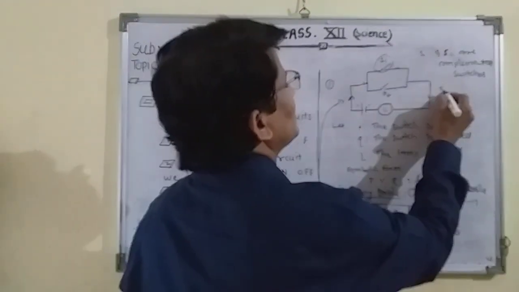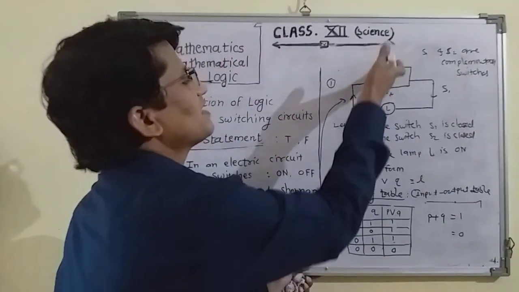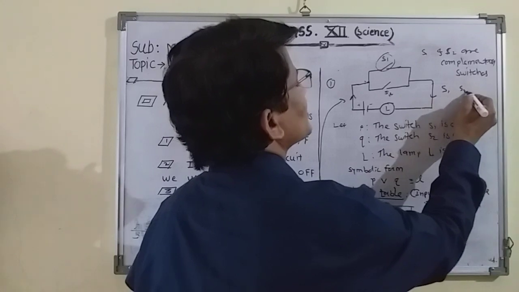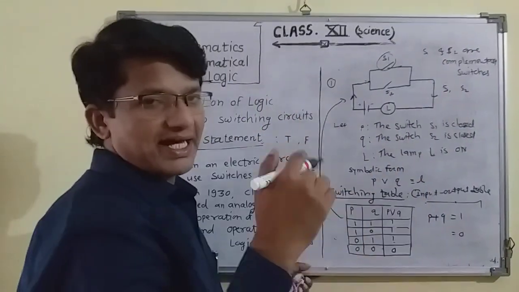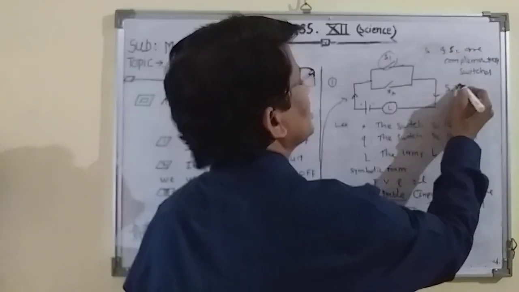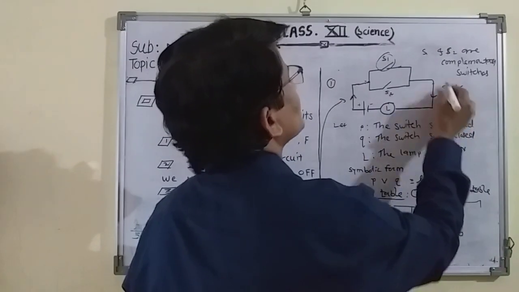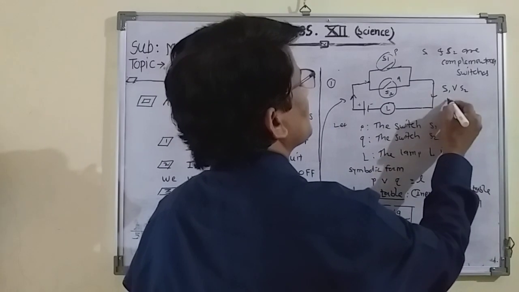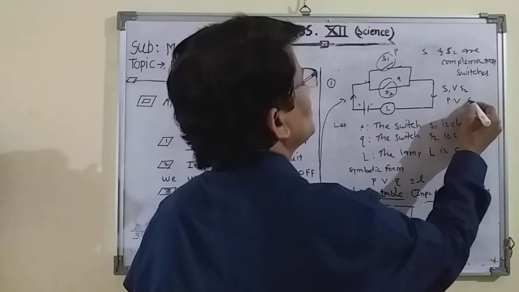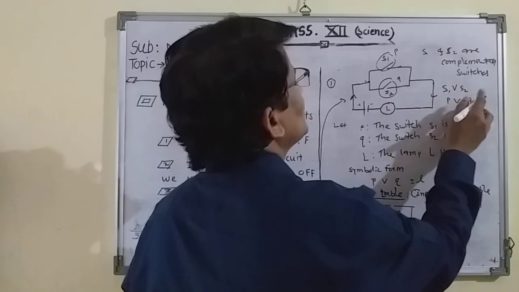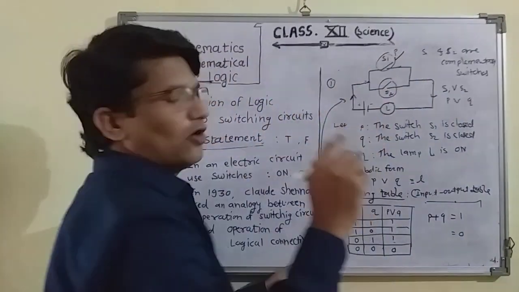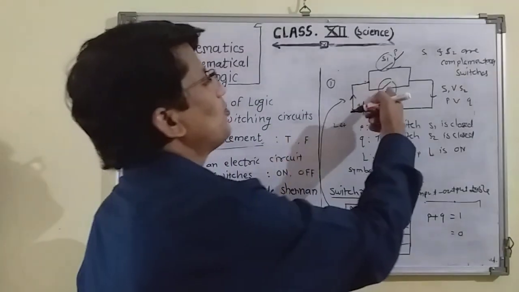Now this is a parallel arrangement. So S1 and here S2, they are connected in parallel. Parallel means OR. If S1 is denoted by P, this is denoted by Q. Here P or Q, but instead of using Q, this is closed, this is open. Open means what?